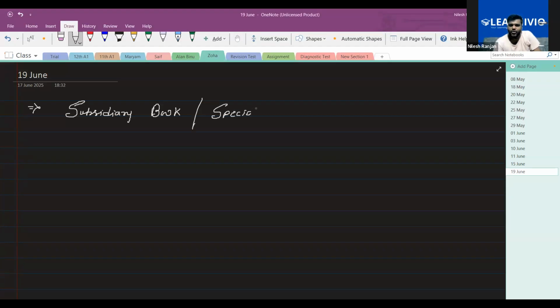Okay, so in school, which topic have you covered after journal and ledger? In school, I've only covered the ledger. Aside from that, I didn't cover anything else, because I had exams. Okay. Subsidiary book is part of journal entry actually.